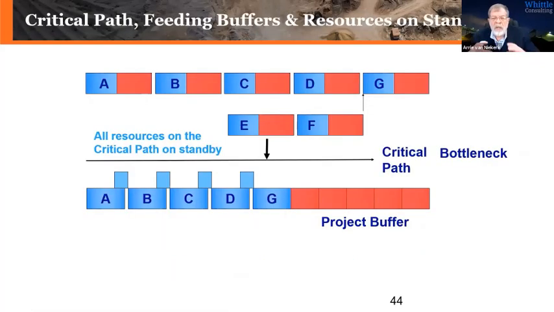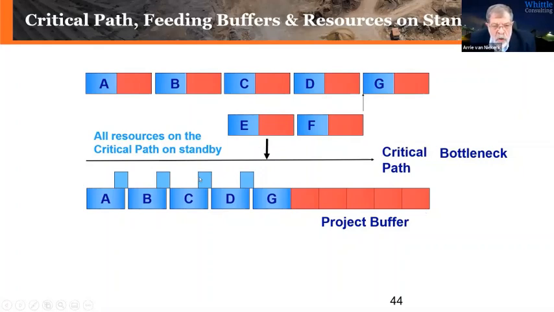And if I put it into this picture, you can see the project buffer is for the longest path of independent events, which is the critical path of the project. Here's the insight. In a project, the critical path is the bottleneck. And that's the key thing to manage. So we buffer it in a completely different way than in production, but you buffer the critical path with a project buffer.